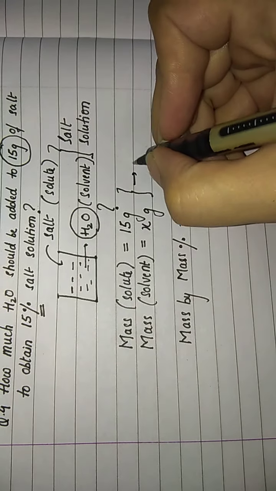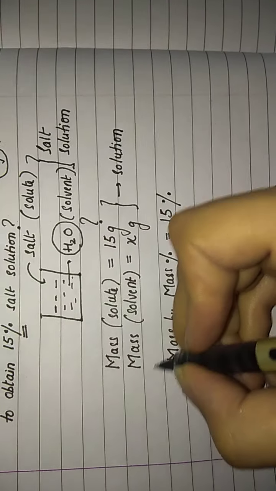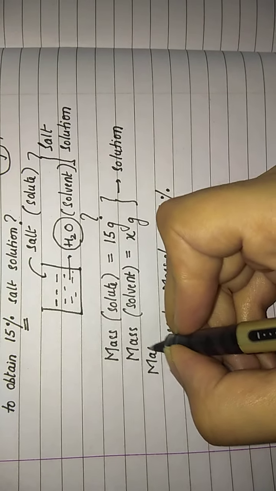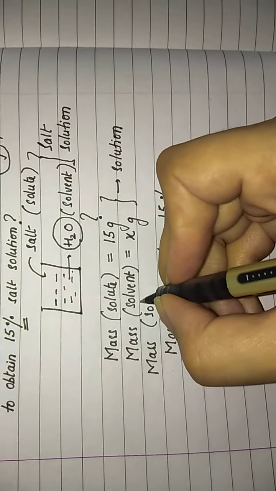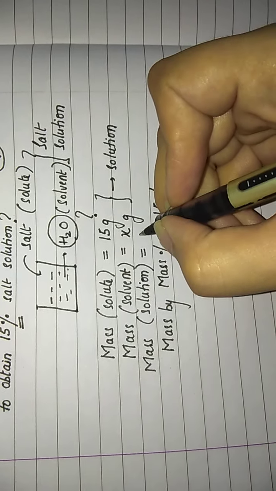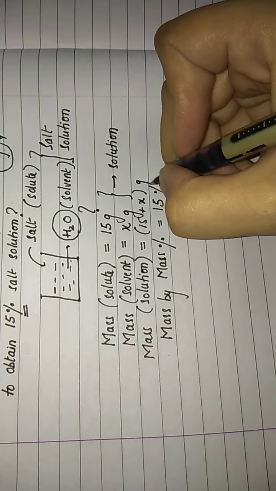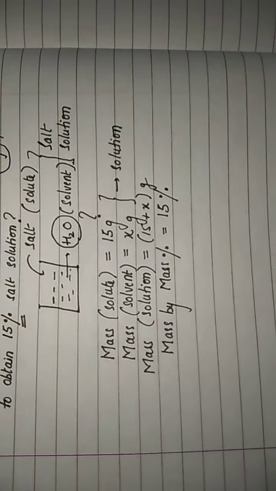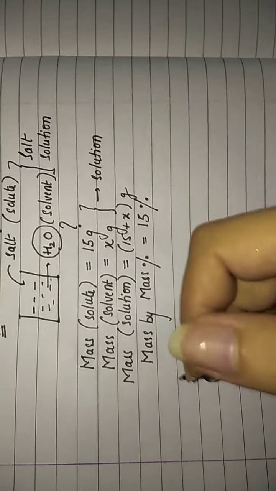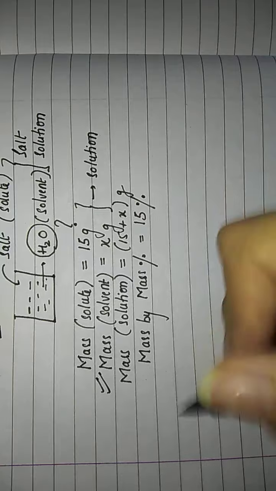So can I write the mass of the solution? How will I find the mass of the whole solution? Mass of the whole solution will be equal to the sum of mass of solute and mass of solvent. So it will be 15 plus x grams. So we have everything in the question. What we have to calculate is the mass of the solvent, which is x.